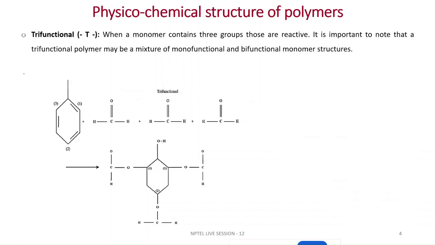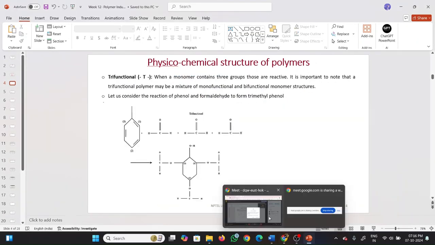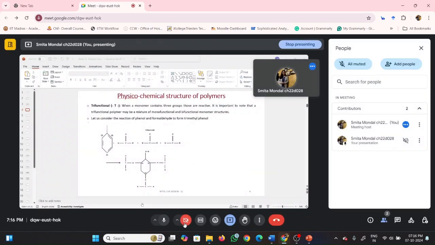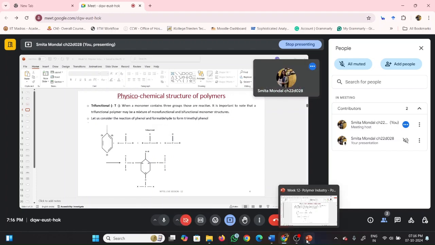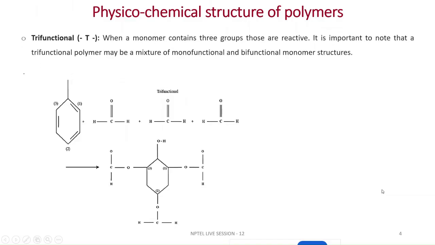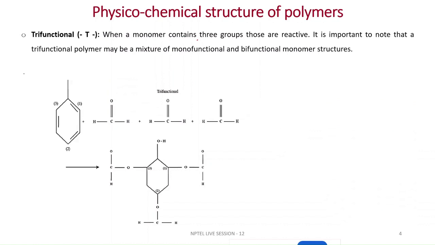So next one is trifunctional. This is important because you can see when a monomer contains three groups of functional groups, those are reactive in nature.